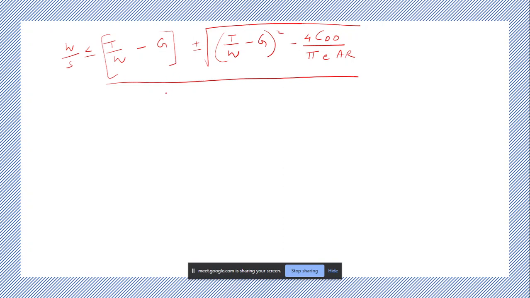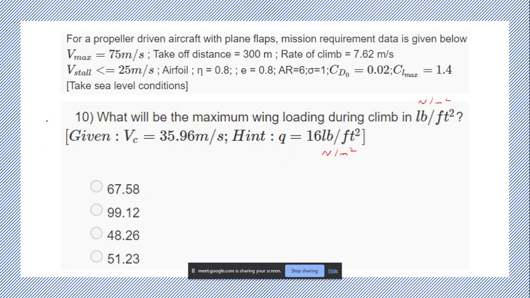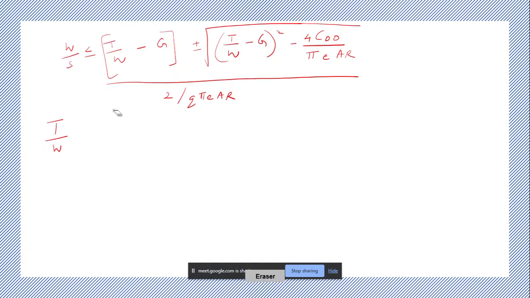I'm not really sure what the denominator was. 2 by... okay, let's just try finding out these values. So we need thrust loading. They've asked you for wing loading. Let's just try finding out each quantity individually.